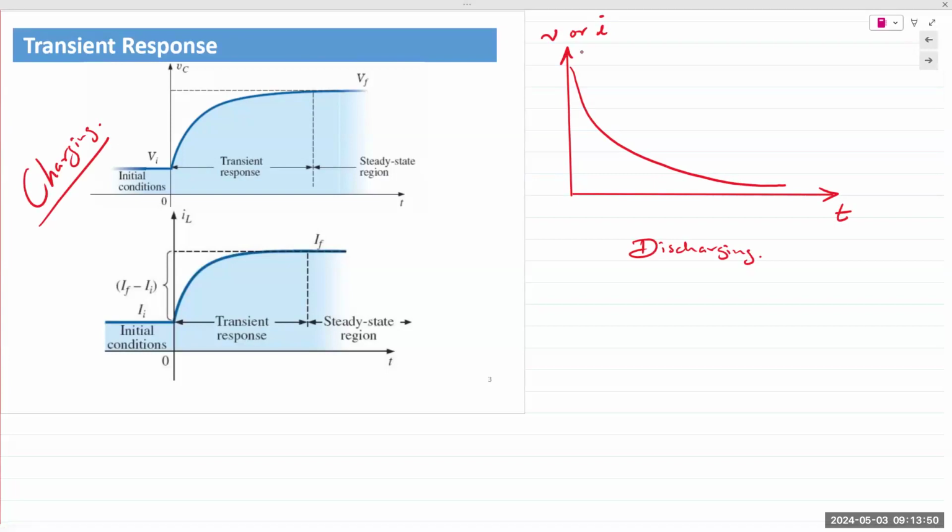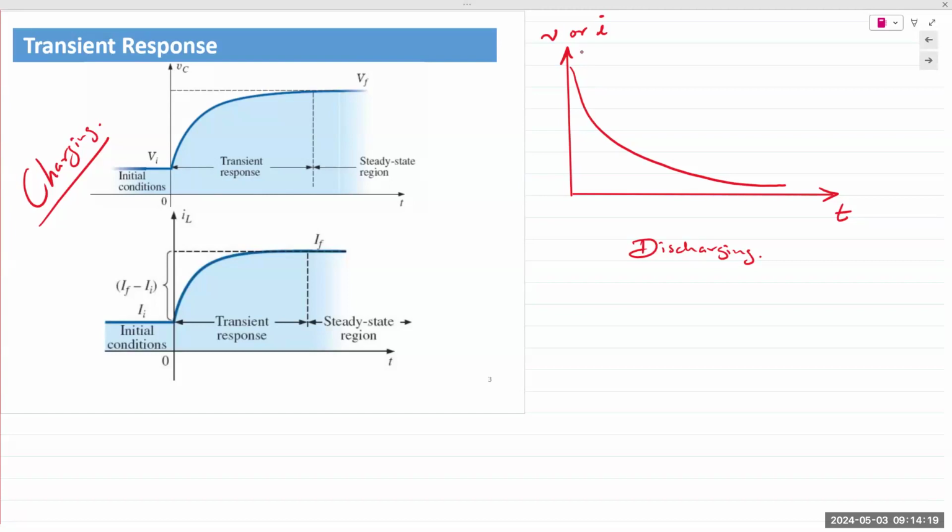Transient response is the response before it reaches steady state. Steady state is when it reaches full charge. If you think back to chapter 3, you apply a voltage, you apply a current, it starts receiving the energy. After a certain point, it receives all the energy that it has the capacity to store. And from that point on, we reach a condition known as steady state.